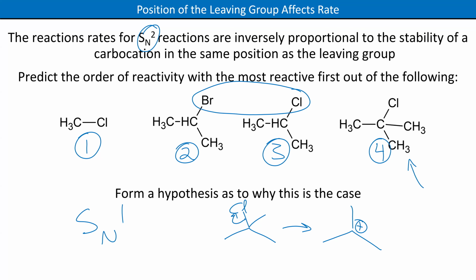So basically we have 2 substitution mechanisms and they can both happen. If it's a methyl with a good leaving group, it's going to be SN2 100% of the time. If it's secondary, it's still going to favor SN2. We'll talk about how we can play around with that a little bit. If it's tertiary, it has to go SN1.